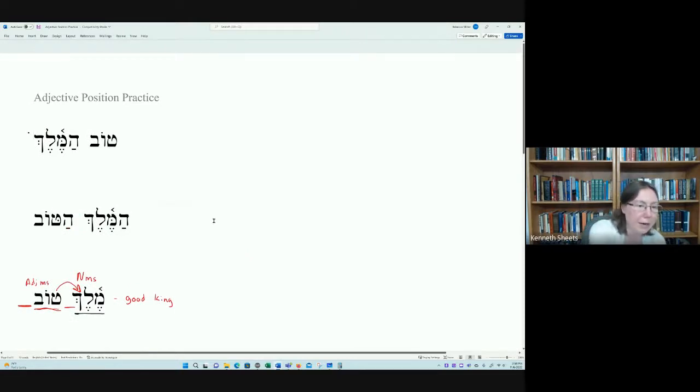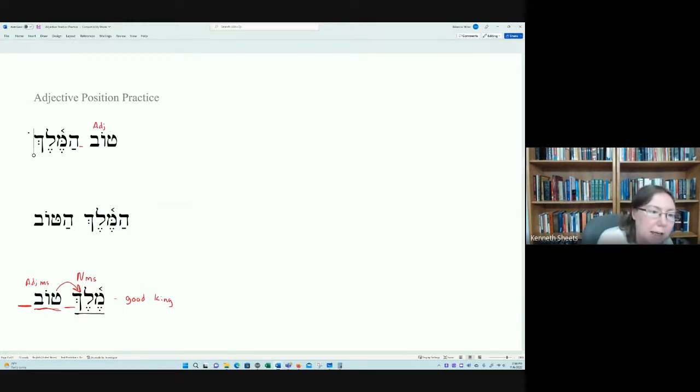So notice here we have Tov Hamelech. Tov is that adjective that we were seeing before, that idea of good. And notice it does not have any ending, so I know that this is going to be masculine singular.